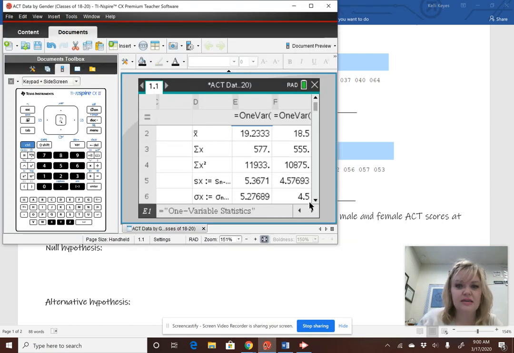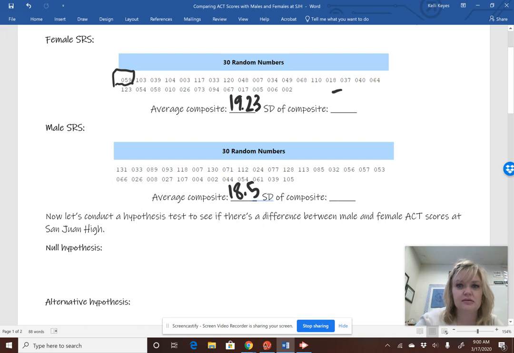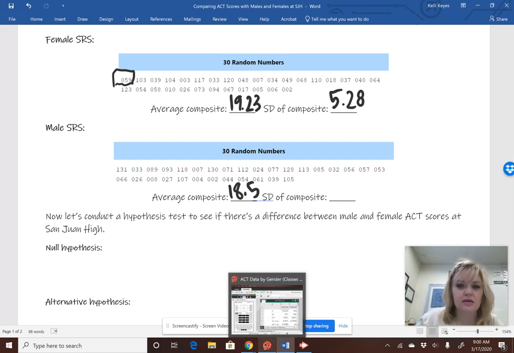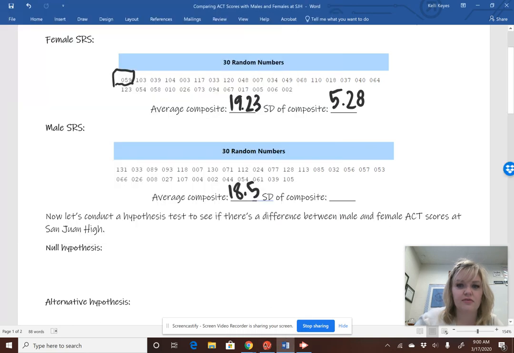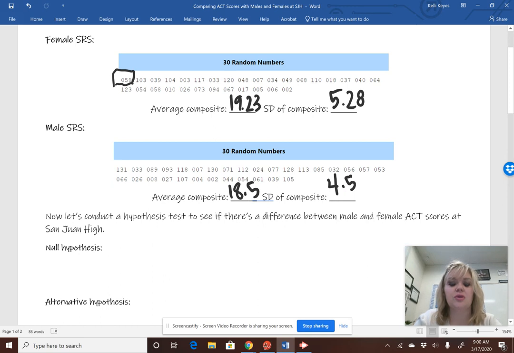And then the SD is right here. The SD for females is 5.28, we'll round to the hundredths place. And what was males? 4.5. Okay, so now I have that information, which will help me do everything else.